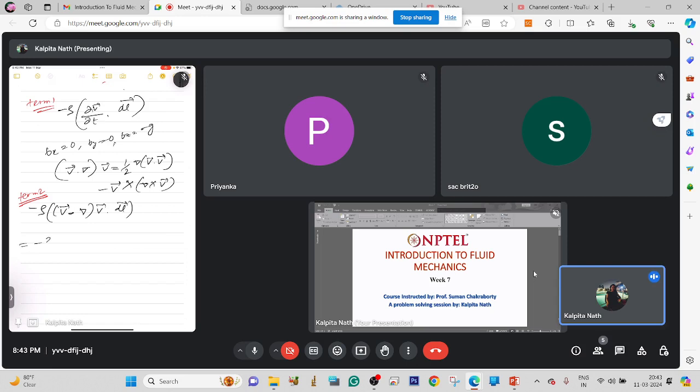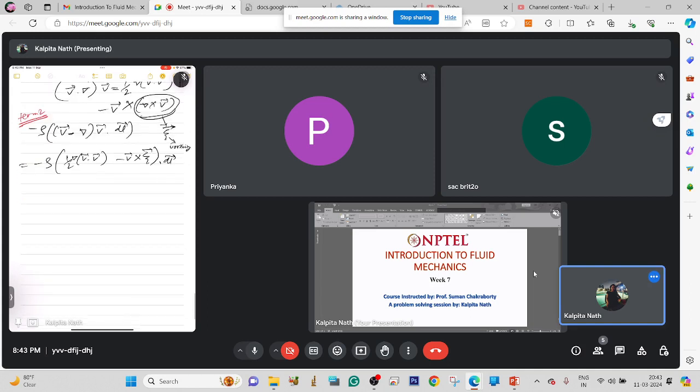So this is equal to minus density half of del v vector dot v vector minus v vector cross, okay, this term can be written as zeta vector. That means this is the vorticity vector. So here also we can write zeta vector dot dl vector, that is line vector.